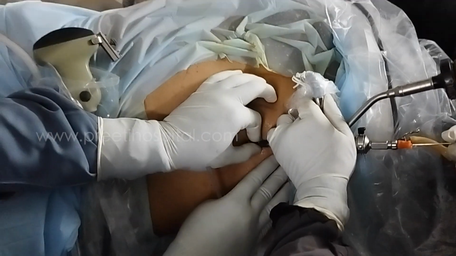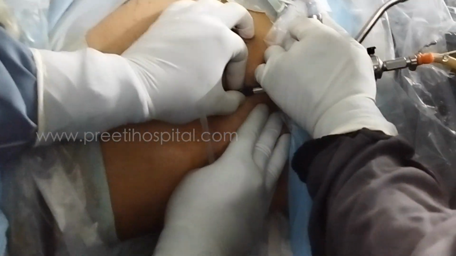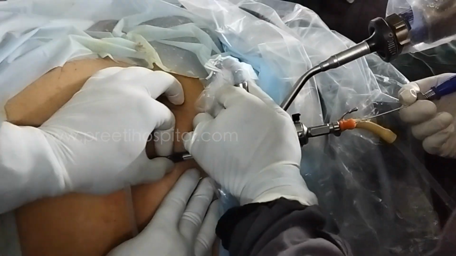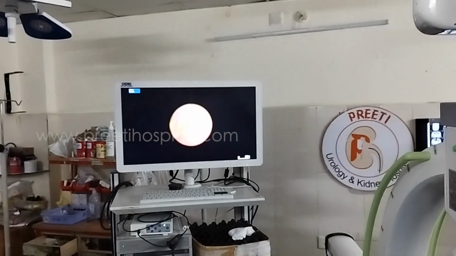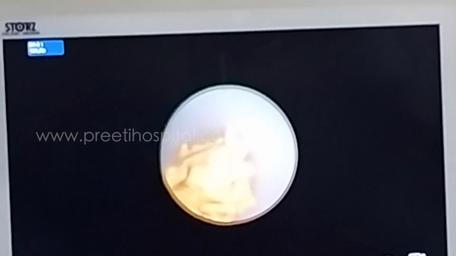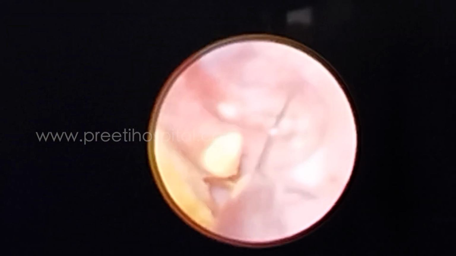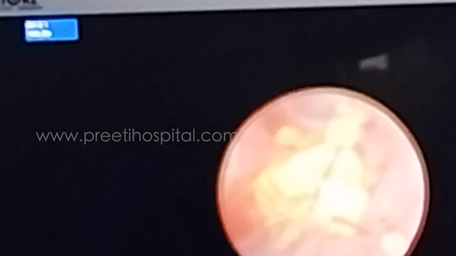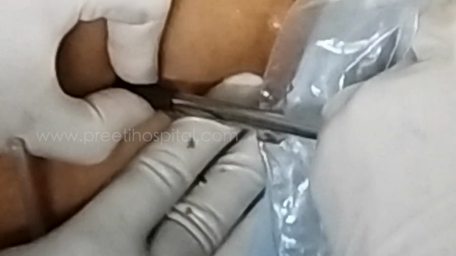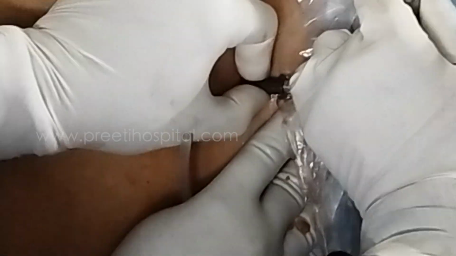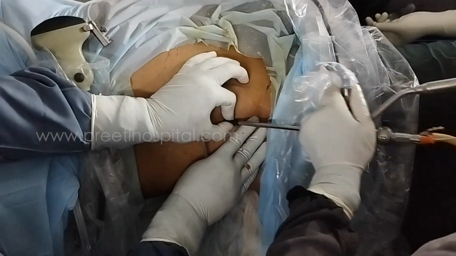It will come out. These fragments, if you do, who is flushing? Water stop, please. So that common sense should be there. Whenever I am taking out the fragment, even you should be able to control. See, sister is controlling. See, stop it. Water, stop it. If you stop, they will see all the fragments. So here, small fragments have come out by themselves because this is more dependent.